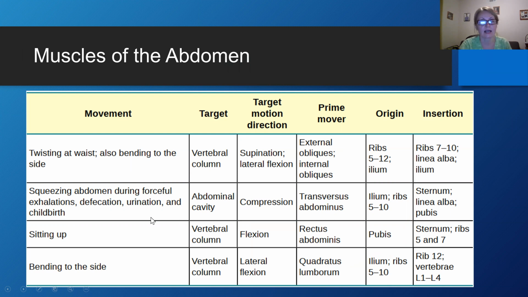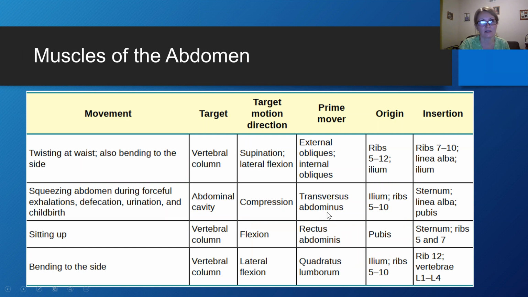Rectus abdominis, you know, that's the one that flexes your vertebral column. When you are sitting up, you use this muscle. So that's a good exercise to train it. And then transversus abdominis, well, let's read the movement: squeezing the abdomen during forceful exhalation, defecation, urination, childbirth.